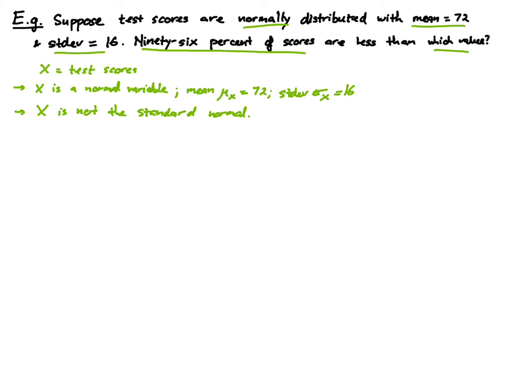The question says that 96% of scores are below a given value. Let me call that value x sub 0. So let x sub 0 denote the value of interest.